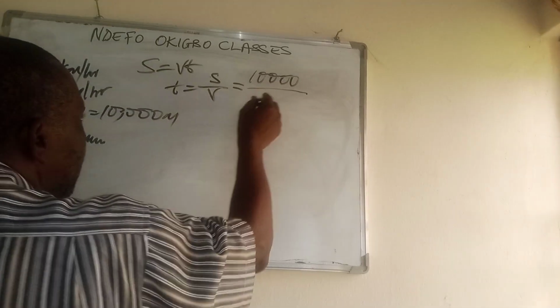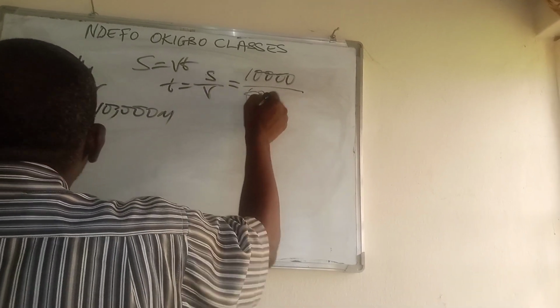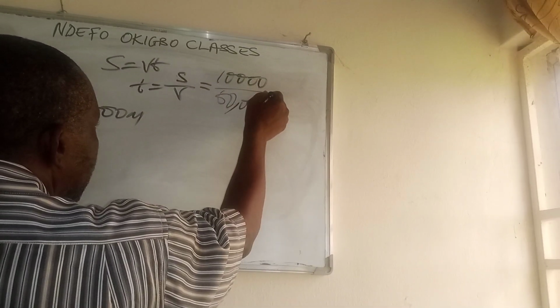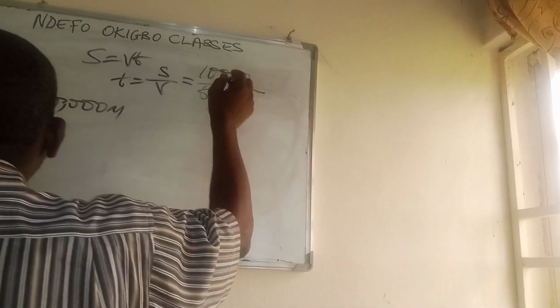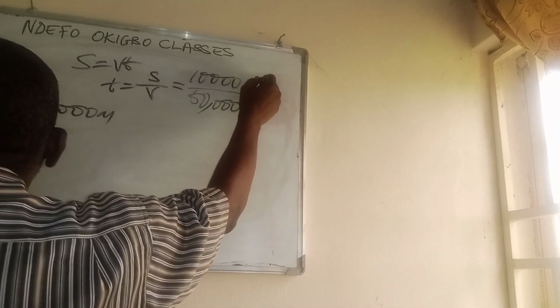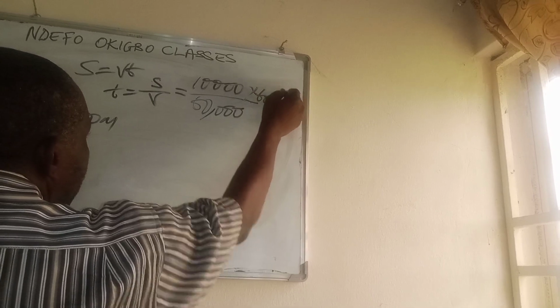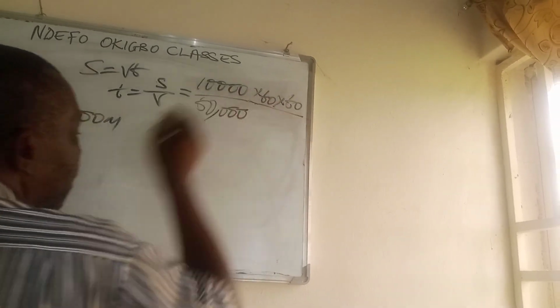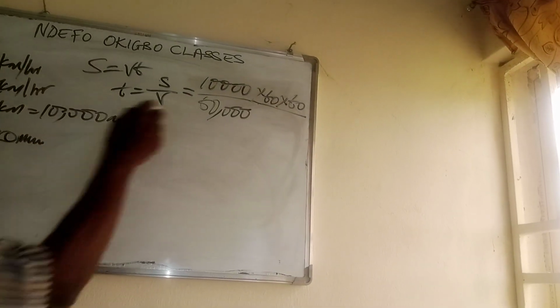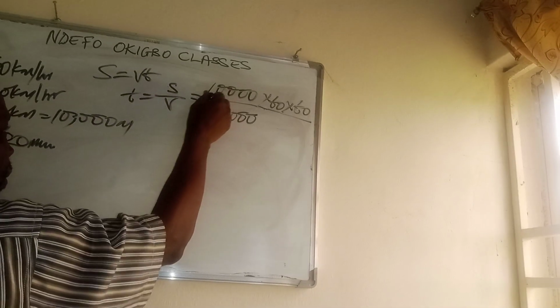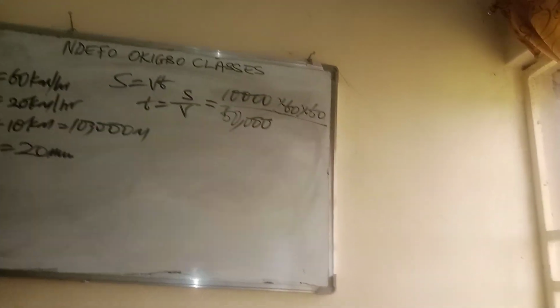Velocity is 60 kilometers per hour, which is 60,000 divided by 60 times 60, because I want to change it to meters per second.